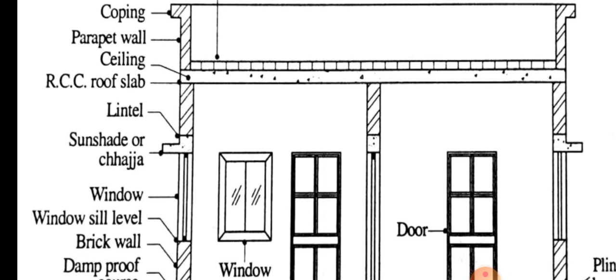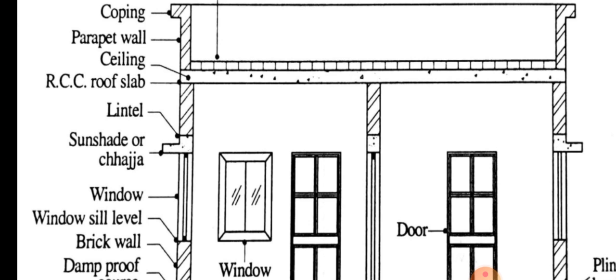The main purpose of providing such a beam is to carry the weight or the load of the wall above this opening. So above the door opening you have the section of the wall. This load has to be transmitted to the soil through either end of the door opening or the window opening. So a lintel is a beam or a horizontal member which supports the masonry work over the openings in the wall. So that is a lintel.